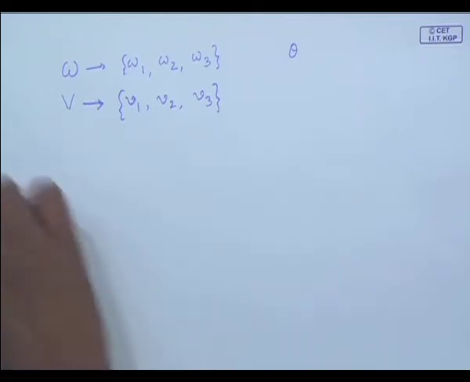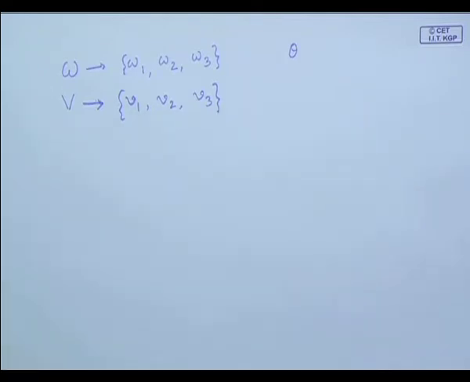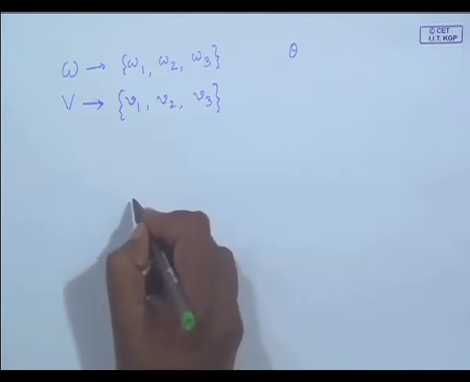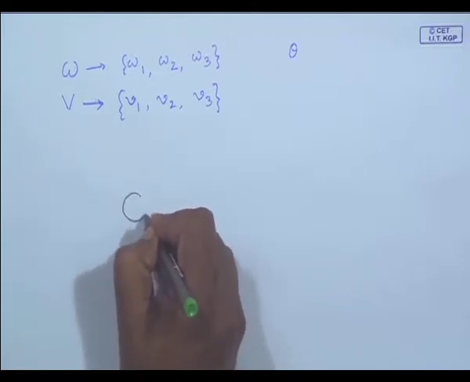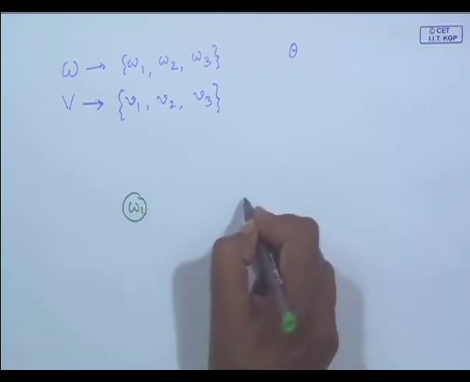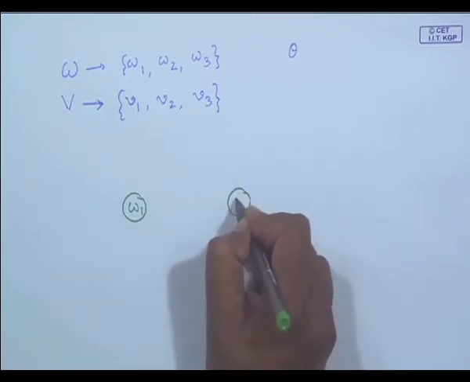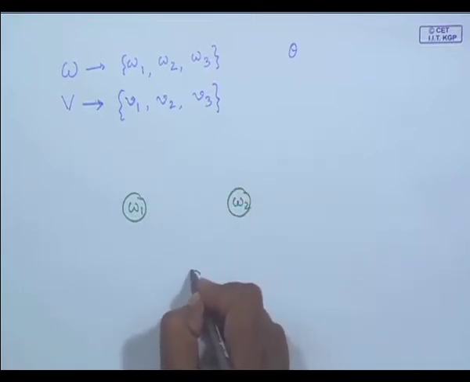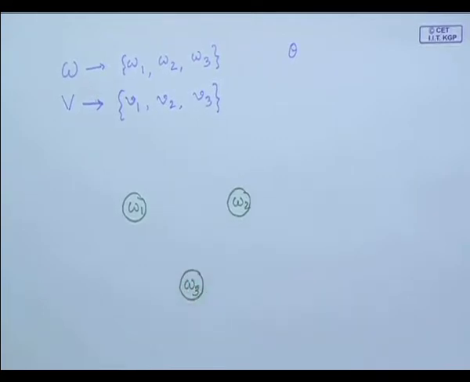So, let us draw this HMM theta. We have the states omega 1, omega 2 and omega 3. The machine of this hidden Markov model can make a transition from state omega 1 to state omega 2, where the probability of transition is given by A12.